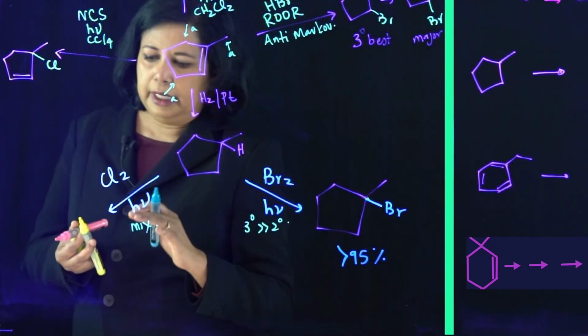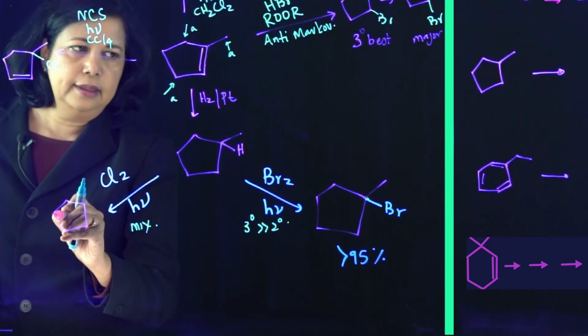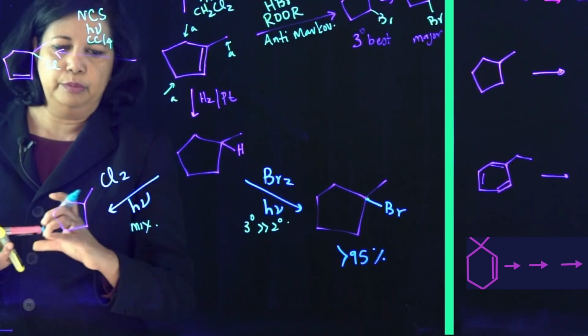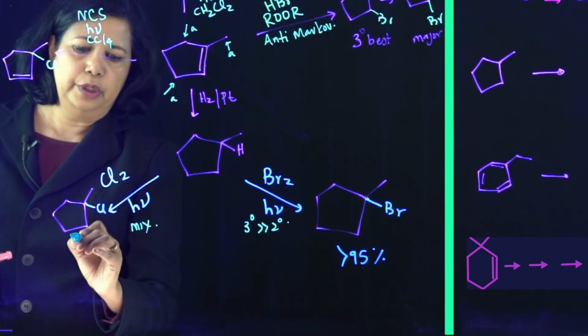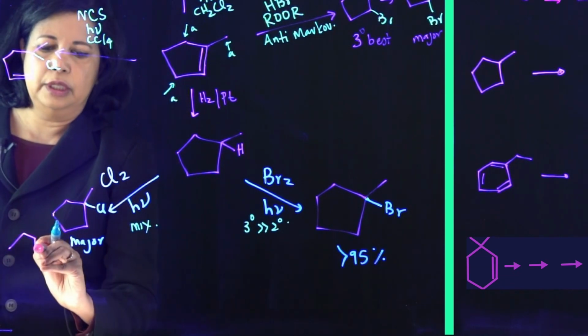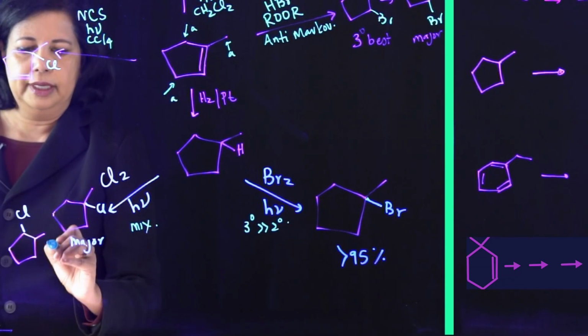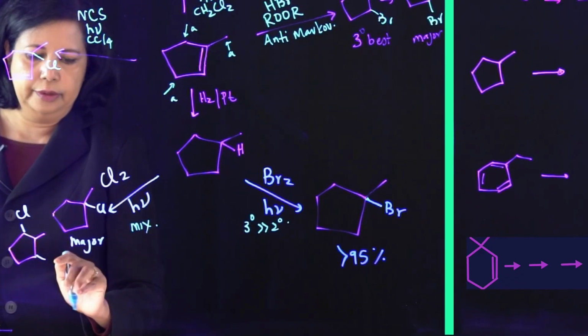Whereas with chlorine, you're probably going to get a mixture, but still your tertiary is going to be more. This is going to be your major. But you would have your secondary minor as well. So you can have your chlorine here as well, and that will be your minor product, or here.